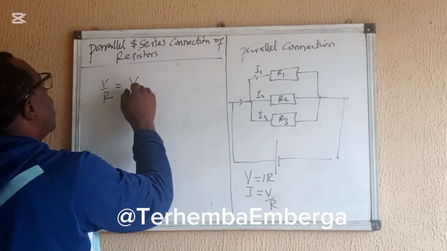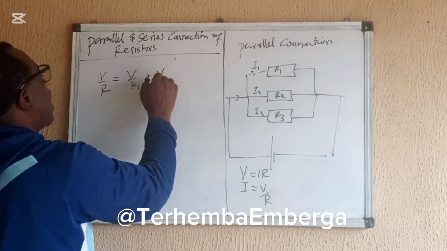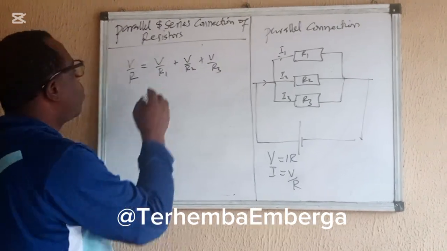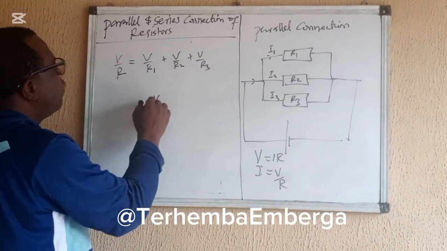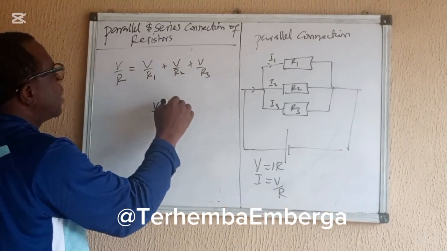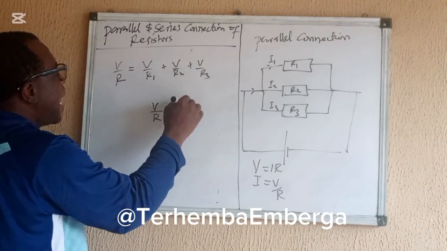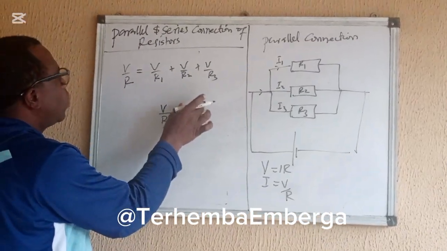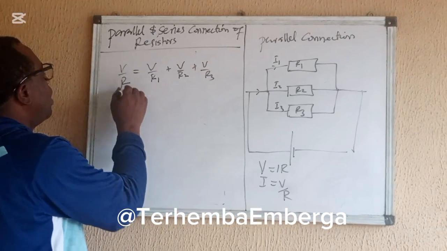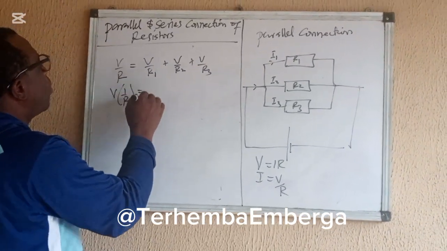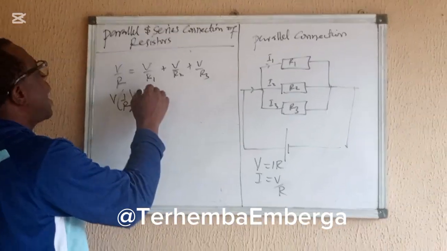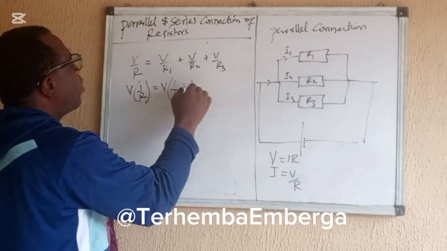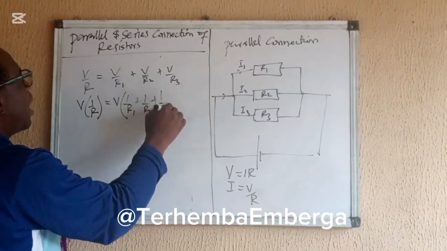So we can also write V all over R as V times 1 all over R. Since we can write it this way, V into 1 all over R is equal to, the V is common, V into 1 all over R1 plus 1 all over R2 plus 1 all over R3.